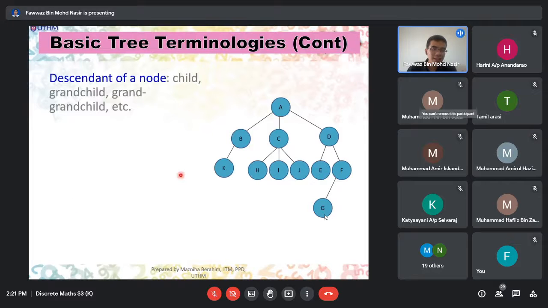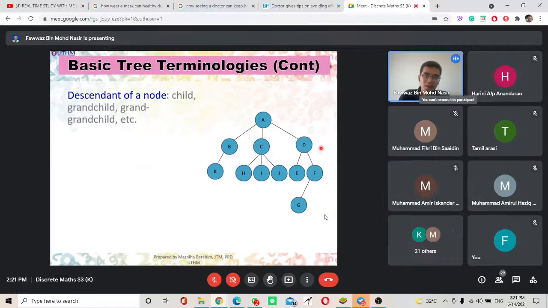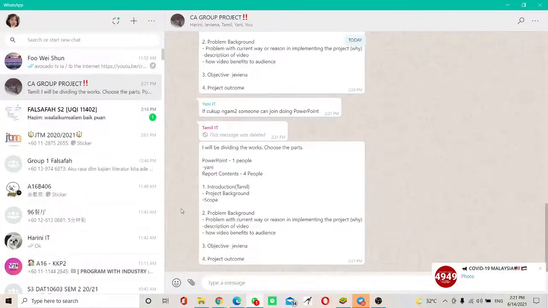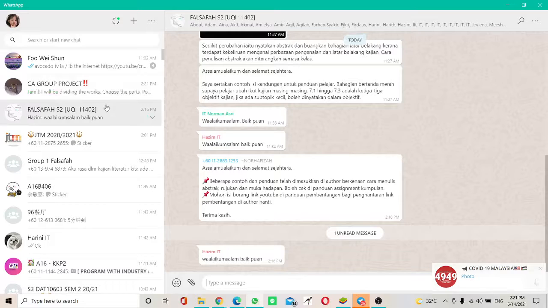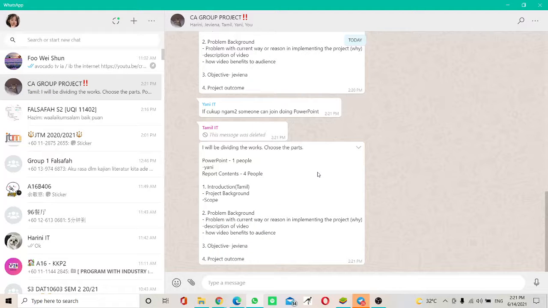Okay, jadi contohnya the descendant of A is all the nodes below it, so B sampai lah G. Okay, the descendant of B adalah K, descendant of C adalah H, I, J, descendant of D adalah E, F, G. So we just list down all the nodes that is connected to the current node we are referring to. Okay, kemudian the ancestor. Okay, yang ni pun sama juga macam dalam the real world. Kita tengok node apa yang ada di level atas dia.